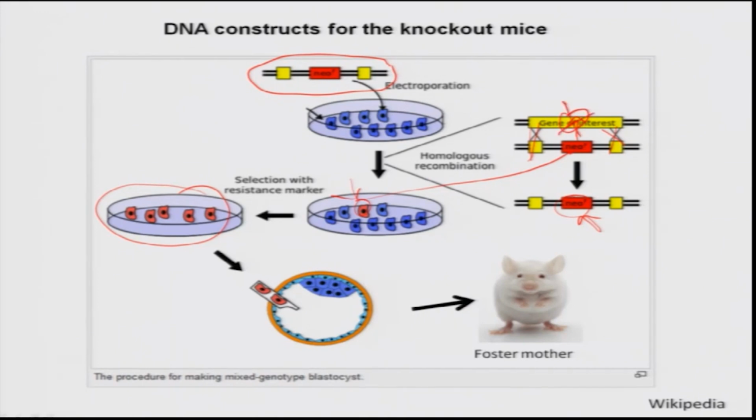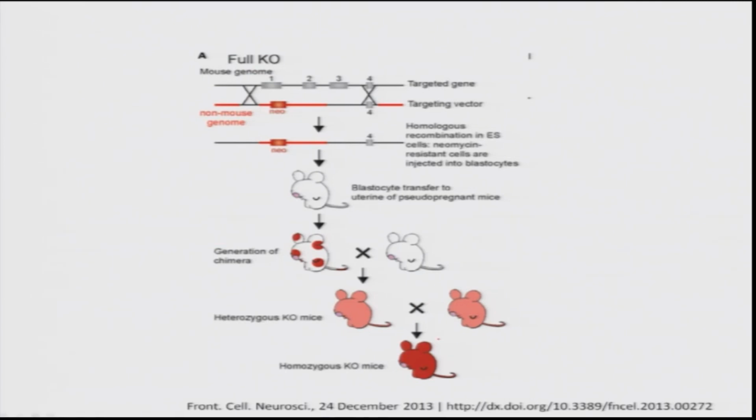So, what do you do after that? You take these cells, inject into a blastocyst. This is an embryo about to differentiate. So, there is a cavity here, you can take about 10 to 12 cells, and then you take this embryo, put it into what is called the foster mother, who accepts an embryo of other origin, a foreign female, and then you have the chimera forming.